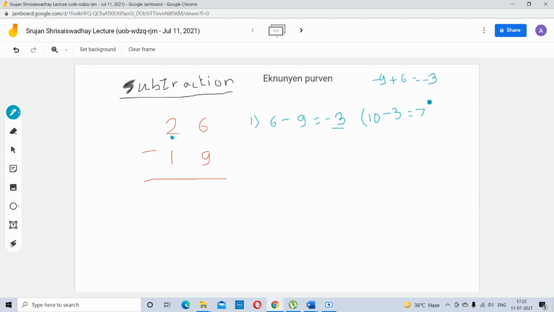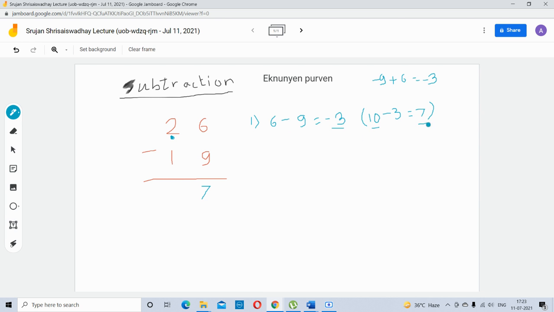That comes out to be 7. So I'll write 7 over here. This minus 3 is actually considered to be 16 minus 9, and 16 minus 9, you can see, is 7.